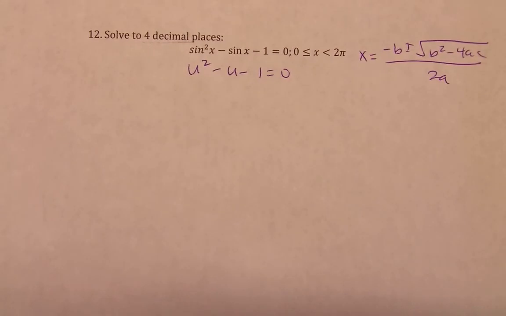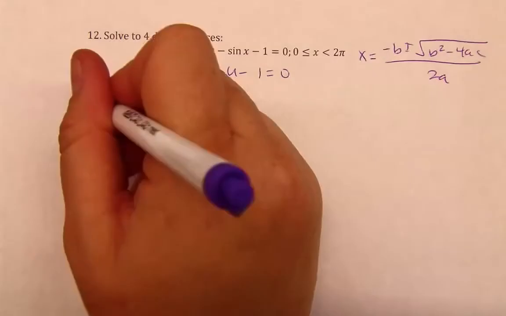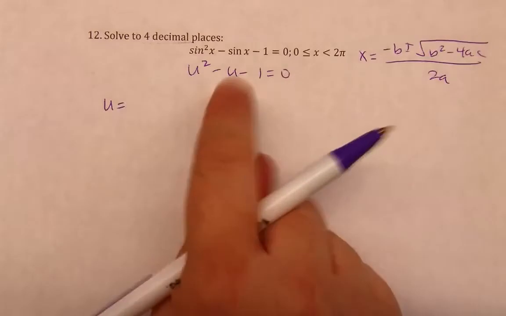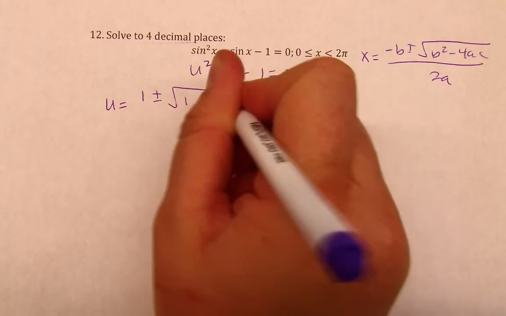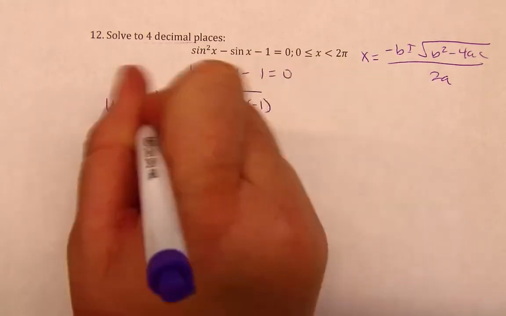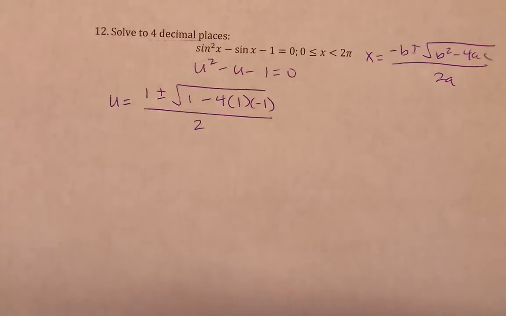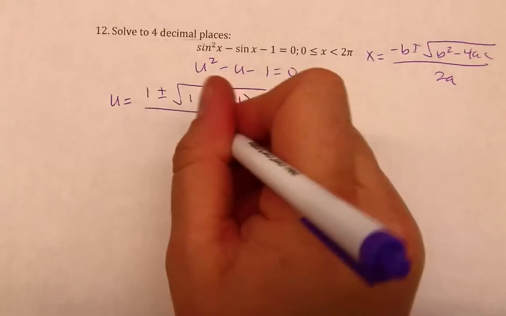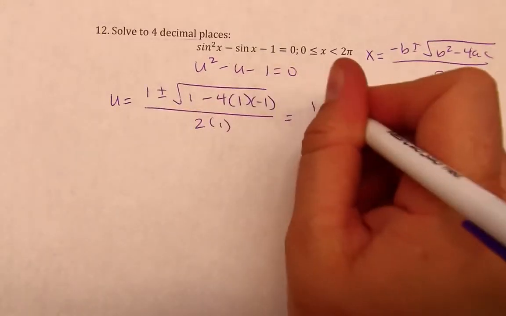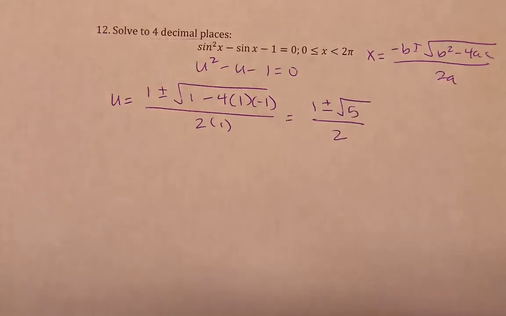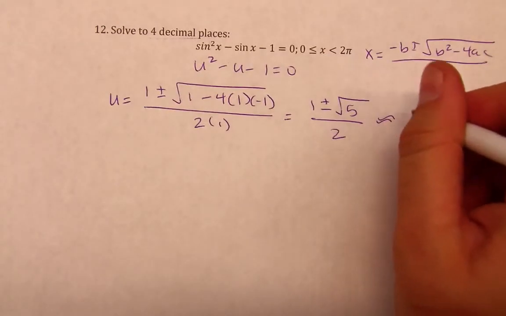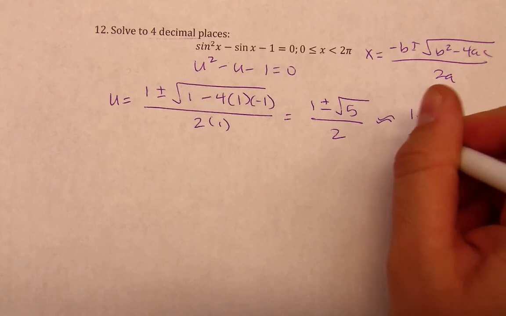That's not something that we can factor. So u equals, and our b is -1, so 1 plus or minus the square root of 1 minus 4 times 1 times -1 over 2 times 1. So 1 plus or minus the square root of 5 over 2, which is about 1.618 and -0.618.